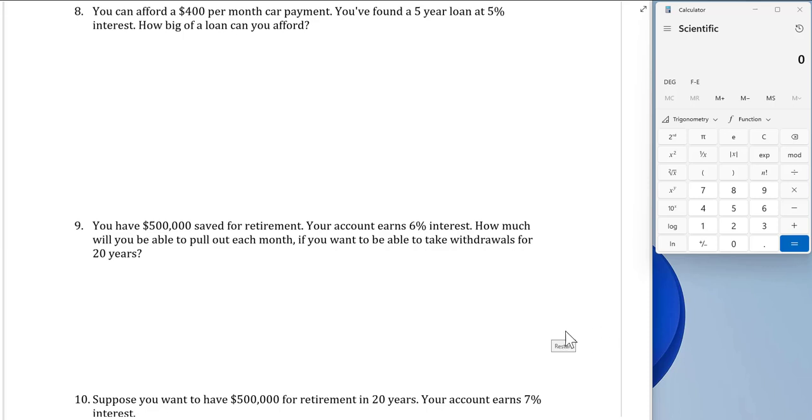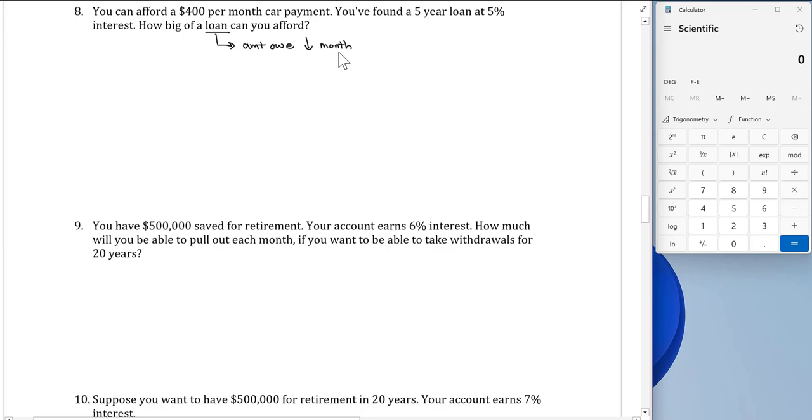Okay, let's go ahead and move on to number 8. You can afford $400 per month for a car payment, and you found a 5-year loan at 5% interest. How big of a loan can you afford? Since this is a loan, the amount that I owe is going to go down each month.